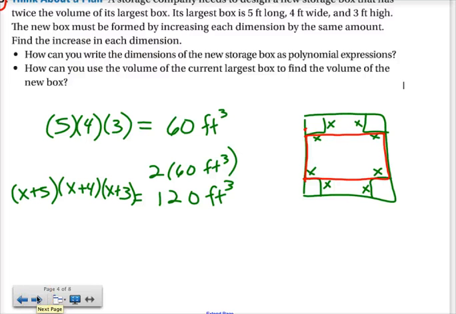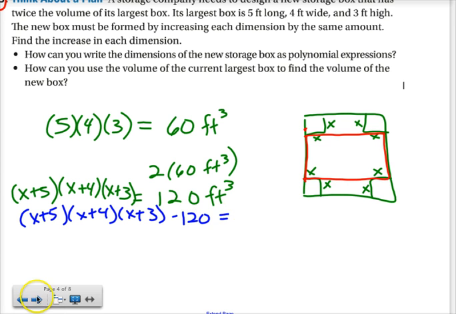And then it says, find the increase in each dimension. So what we want to do is use our calculator here. You could do some FOIL on this if you want to and get everything in one polynomial, but you could also just punch it in by subtracting the 120 from both sides. And then remember, our solutions are zeros. Our zeros will be what we see on the x-axis from those.